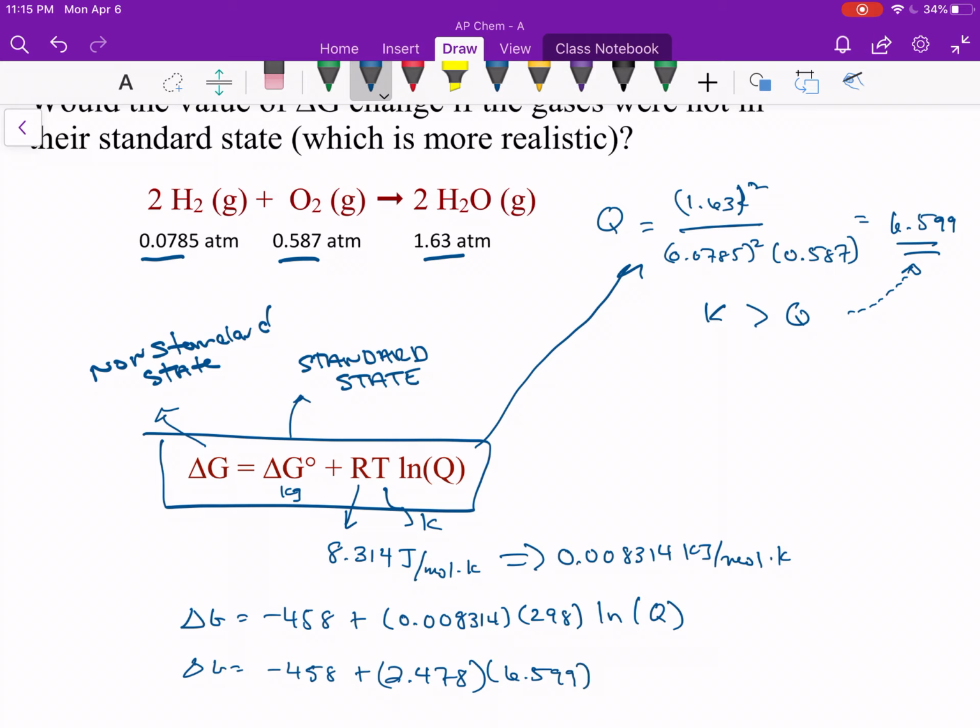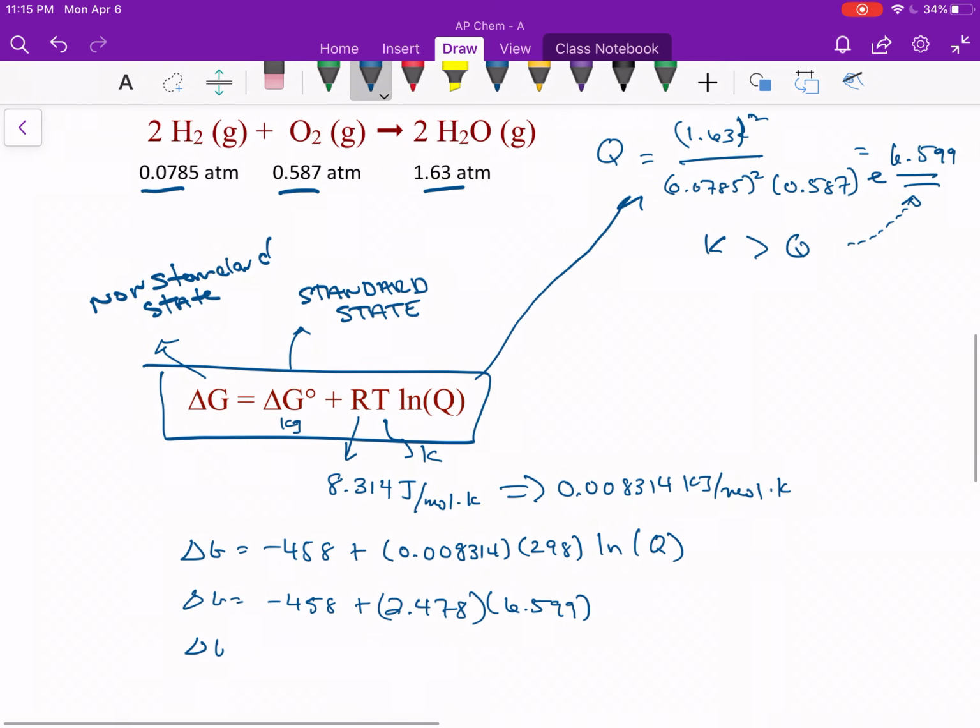So that's my fault. When we do that together, we're going to see that delta G is negative 441.6 kilojoules.